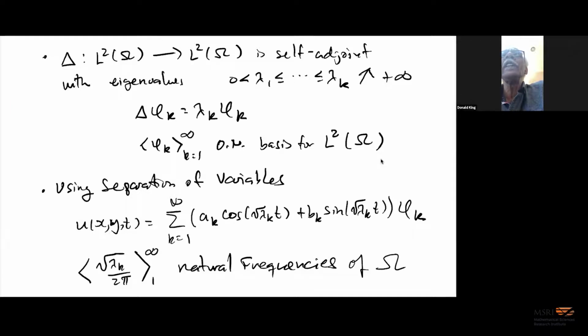So this is an important example to keep in mind because we can generalize that.